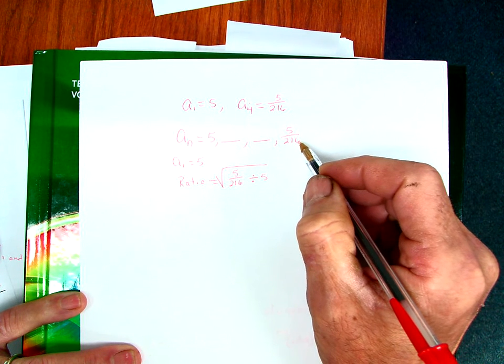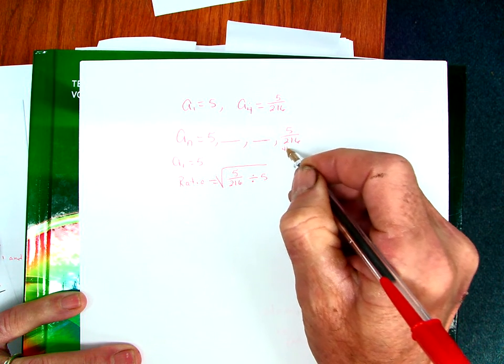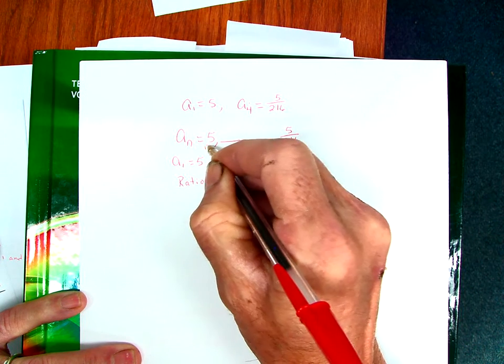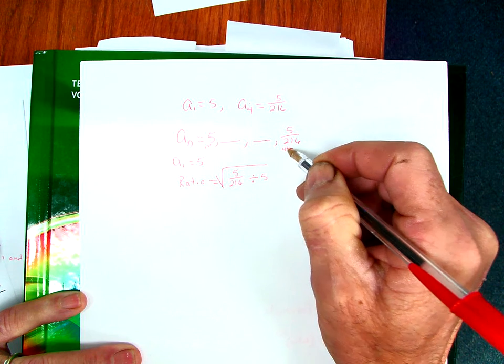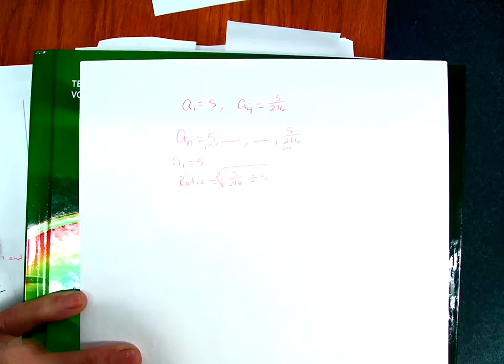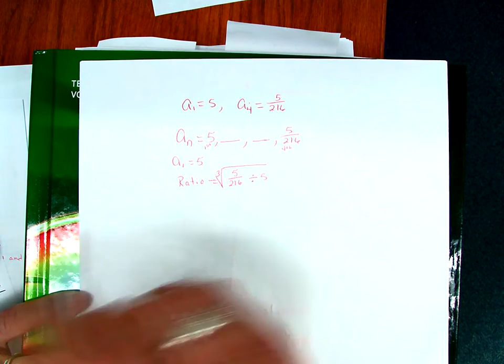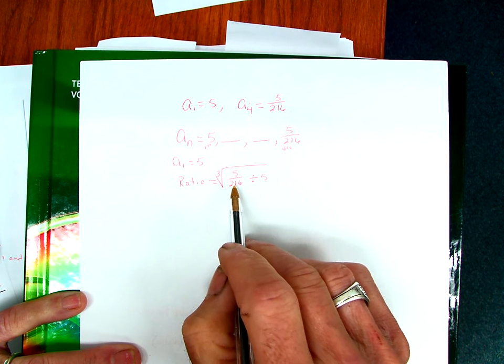The power of the root is going to come from this being the fourth element and this the first element. The space between them is 4. Take away 1, 3. I need to take the third root of this ratio.